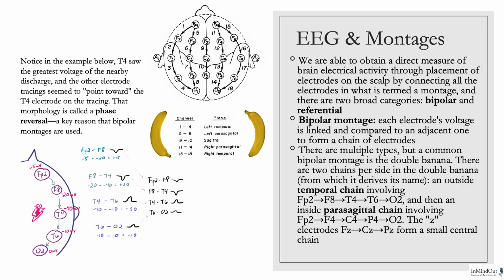So we have various different types of montages. We have mainly two categories, one of which is bipolar, the other is referential. The bipolar montage looks at all the electrodes in a chain, and it connects the voltage of one electrode to an adjacent electrode. Then that electrode becomes the active, and the following electrode becomes the reference.